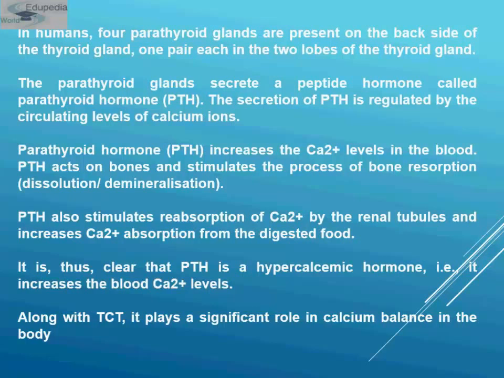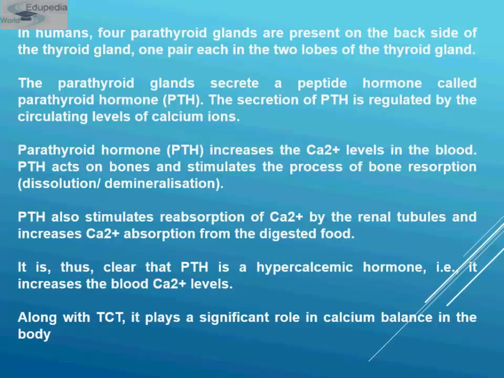Parathyroid glands secrete a peptide hormone, as I said, known as parathyroid hormone, and its secretion is regulated by the circulating level of calcium ions. Parathyroid hormone increases the calcium level in the blood.